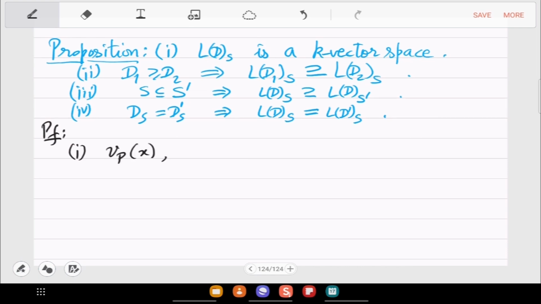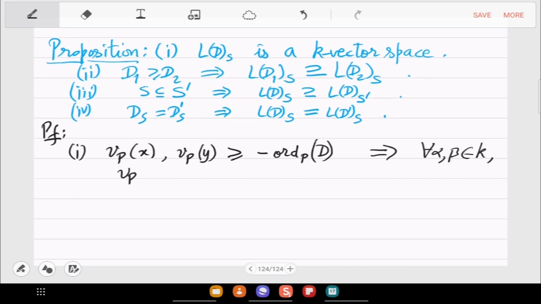If for a point the valuation of functions x and y is at least minus d, then you understand the valuation of their sum also, for any linear combination.